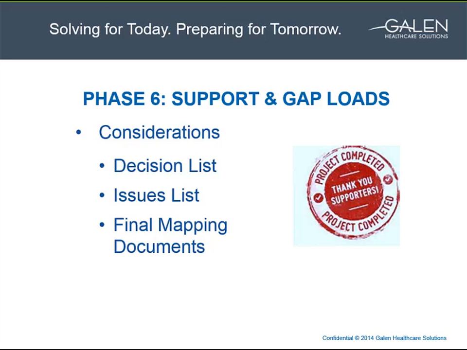The mapping documents here that we're representing in the third bullet are especially for client support staff who will be supporting end users. We already mentioned this, but I just want to reiterate: making available the conversion documents, so that would be the decision document, the issues list, and the final mapping documents. We typically make those available on the conversion server. We have a folder where we share conversion documents with the client.